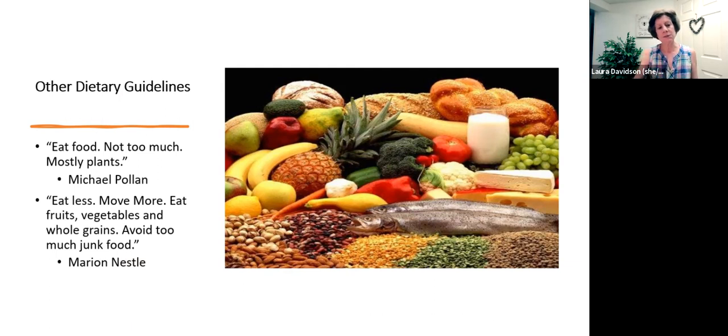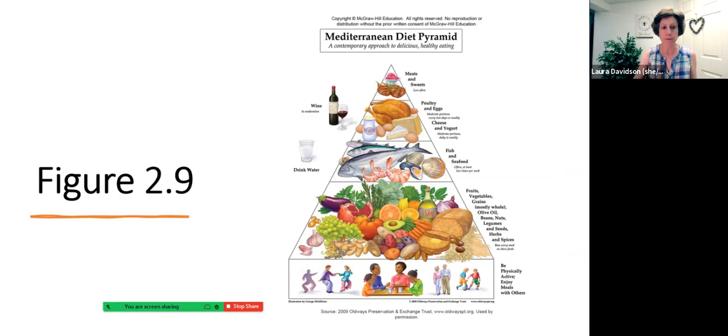I like hers. She says eat less, move more, eat fruits, vegetables, and whole grains, and avoid too much junk food. And remember, when we're talking about nutrition, it's easy to get caught up in the latest news article on the latest superfood. But we, in the dietary guidelines as well, are trying to focus more on dietary patterns.